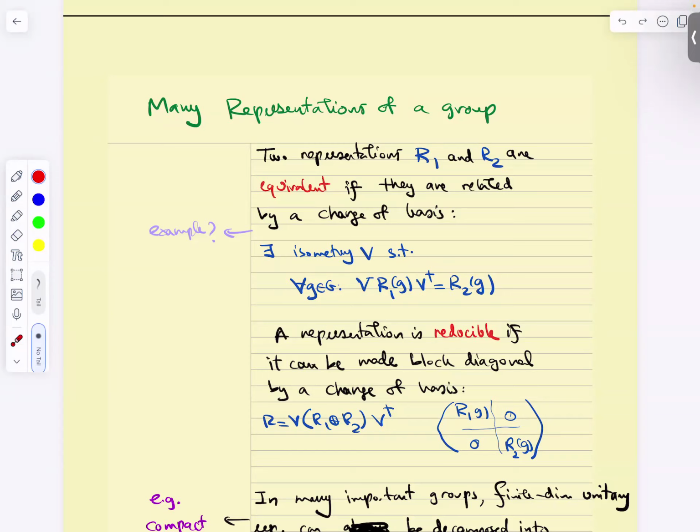Isometry. What is it missing to be unitary? That's another way of saying it. This is a unitary. This is an isometry. This is a co-isometry.